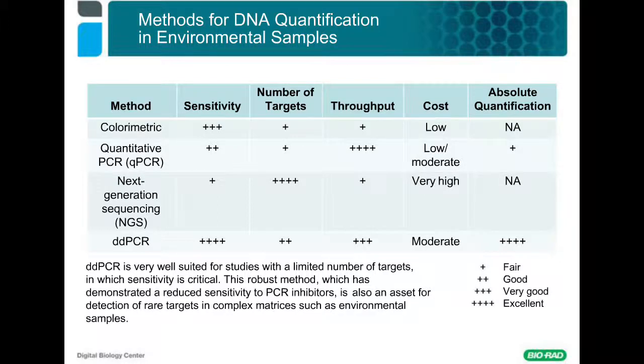First of all, let's go through a summary of the different methods currently used for quantification of DNA in environmental samples. Historically, colorimetric methods have been very widely used, and one of the reasons for that is their great sensitivity. These are methods that start by amplifying the potential pathogens in the sample tested by culturing it in a very rich medium.